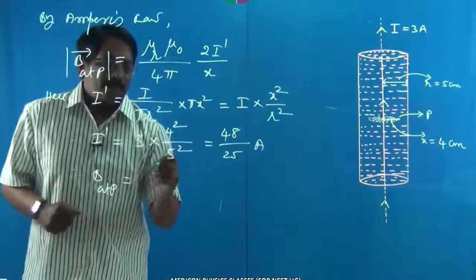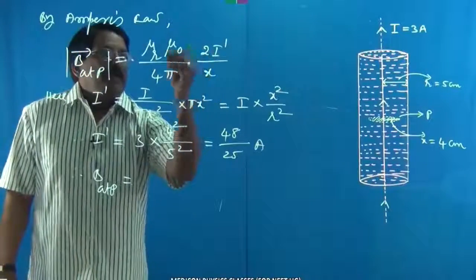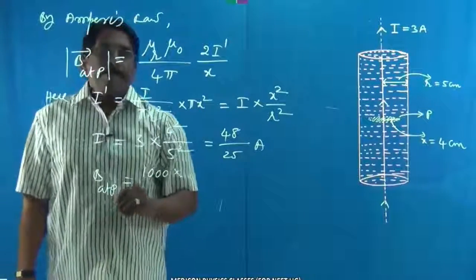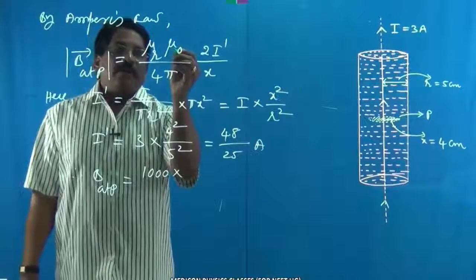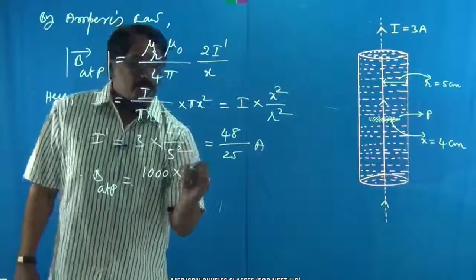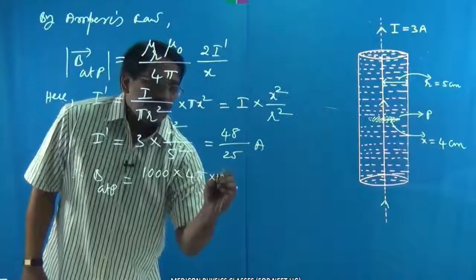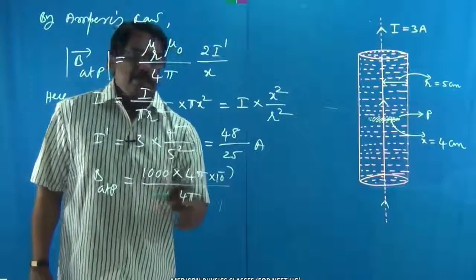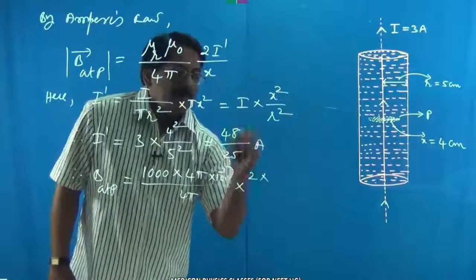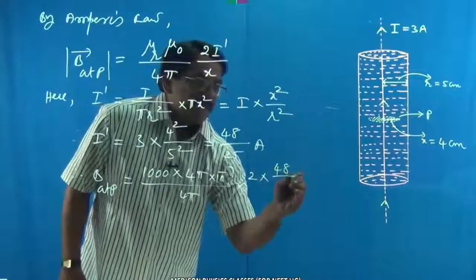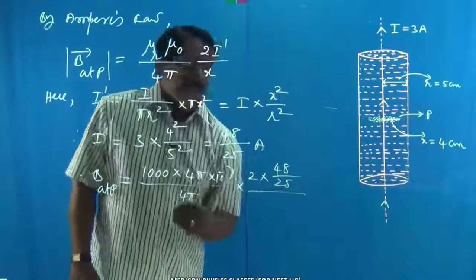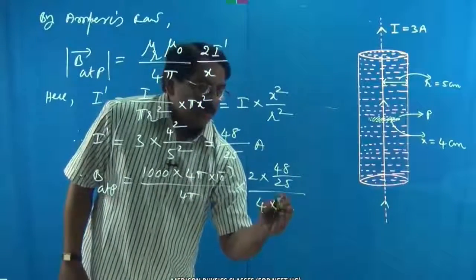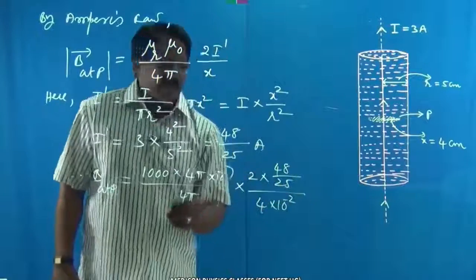So B at P is now equal to, in this formula let us substitute, mu r is given as 1000 into 4 pi into 10 power minus 7 divided by 4 pi. So let's write it completely: 4 pi into 10 power minus 7 whole divided by 4 pi. Anyhow, 4 pi gets cancelled, into 2 into the I prime value we got as 48 divided by 25, divided by x, which is 4 centimeters, so 4 into 10 power minus 2 meters, as all are in SI.